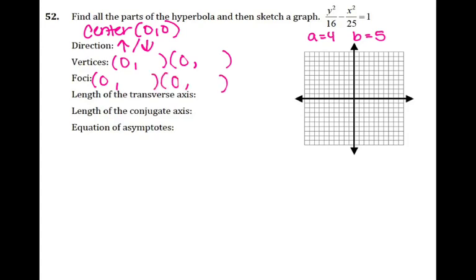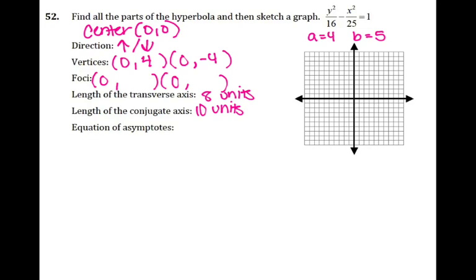So I'm going to go up and down 4 units for my vertices. That puts me at positive 4 and negative 4. Transverse axis length is going to be 2 times A, or the distance between my vertices, so 8 units, and conjugate axis length is 2 times B, or 10 units. All right.